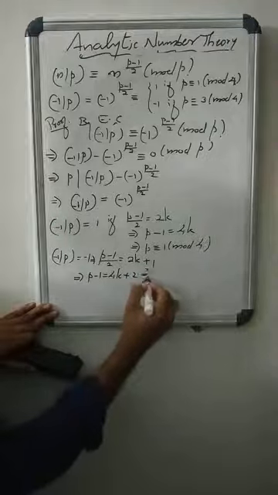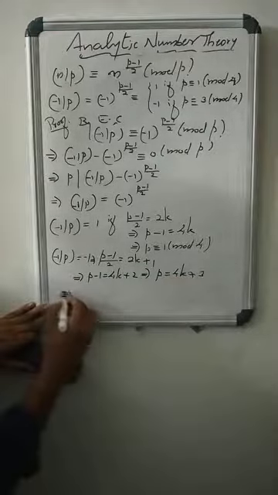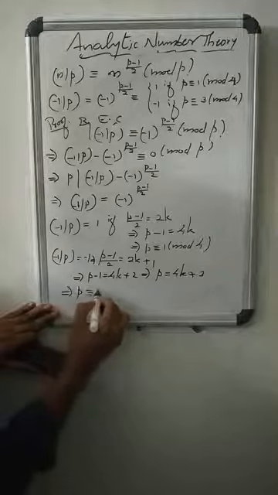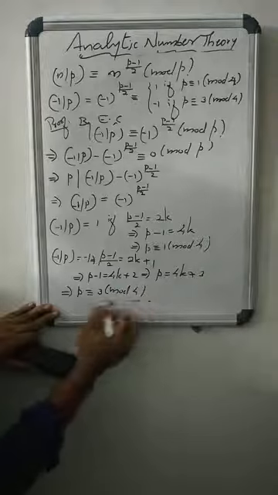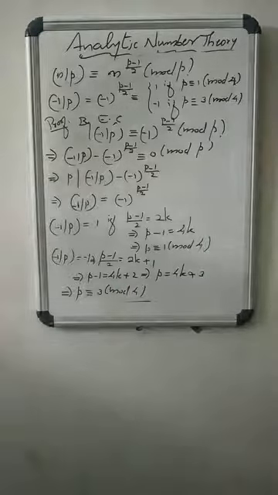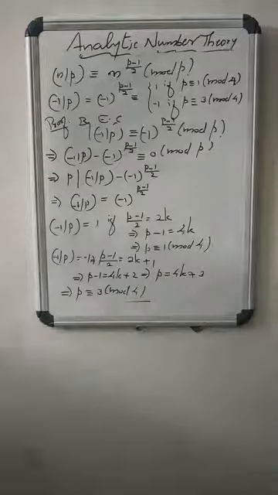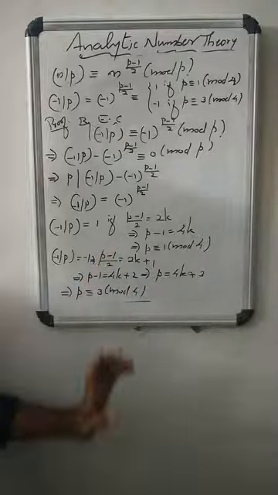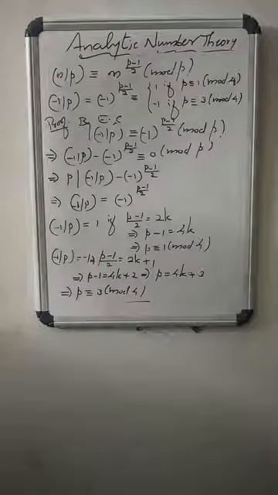That means p equals 4k+3, that means p is congruent to 3 mod 4. So these are the two conditions: (-1/p) equals (-1)^((p-1)/2), equals 1 provided p is congruent to 1 mod 4, and -1 provided p is congruent to 3 mod 4. So this is the evaluation of (-1/p). Agreed.